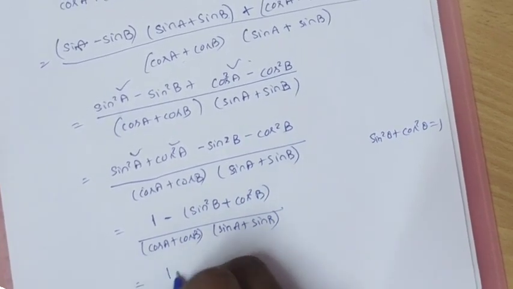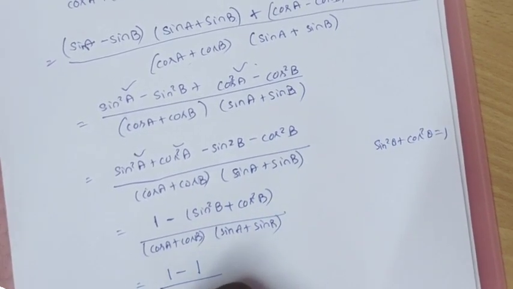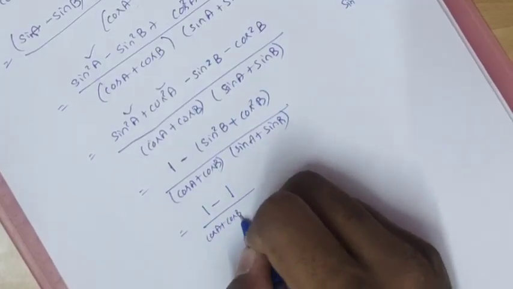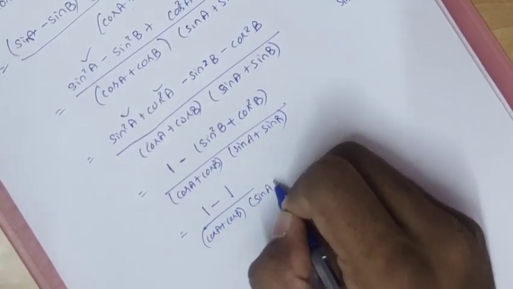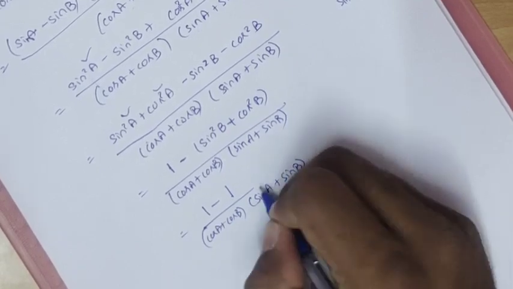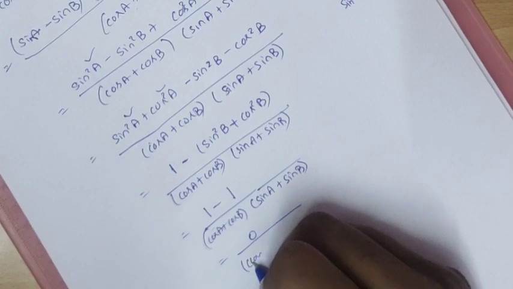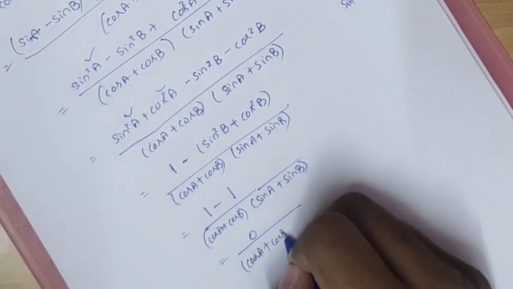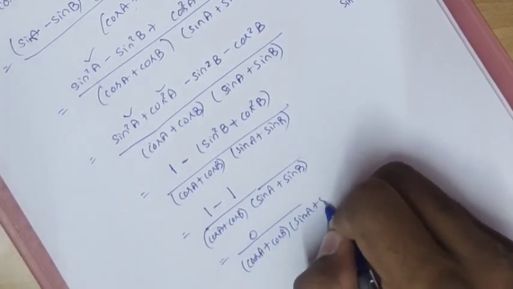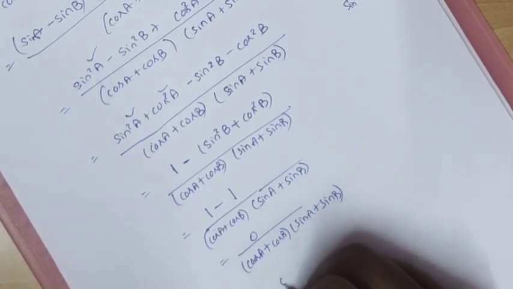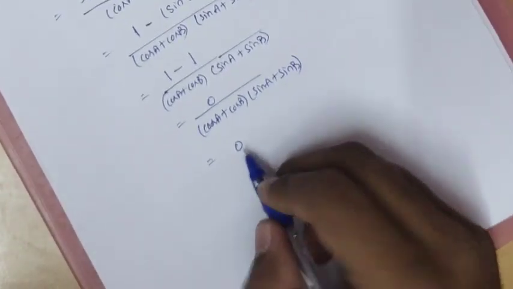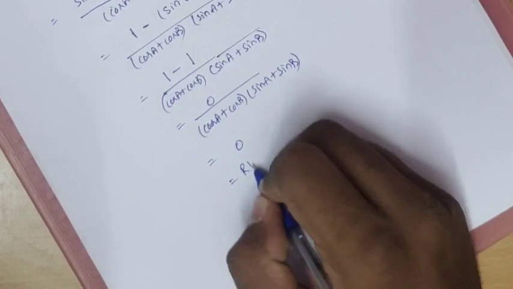So here we get 1 minus 1 dividing by the denominator. So 0 by anything becomes 0. So the answer becomes 0, right? So this is your RHS.